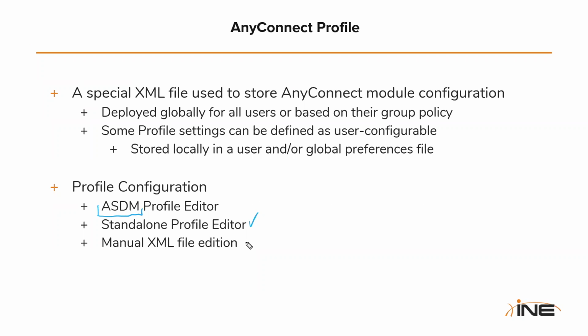And as a last resort, it is possible to manually edit the XML file, even build it from scratch if you know the actual syntax. You can edit the actual profile using any type of XML editor or just a notepad. It is also possible to do this.